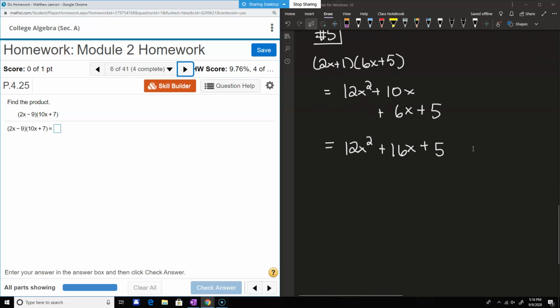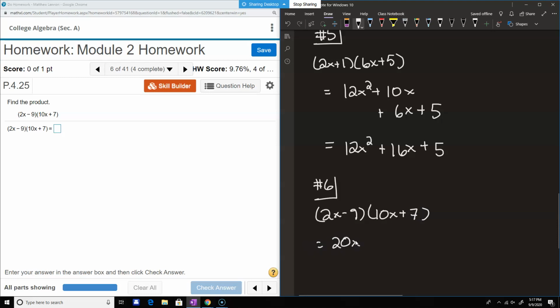Number 6 is similar. The one thing to keep in mind here is when we multiply the minus 9 through, the minus stays with the 9 as we multiply to both terms. So it's not only going to be minus 9 times 10x, but it's also going to be minus 9 times the 7 in the second row. So for number 6 here, we have 2x minus 9 times 10x plus 7, and we get 20x squared plus 14x, and then here's where the second row, the minus 9 comes in.